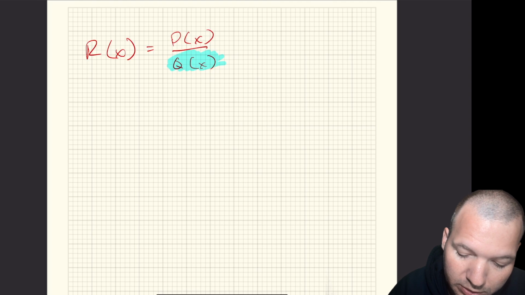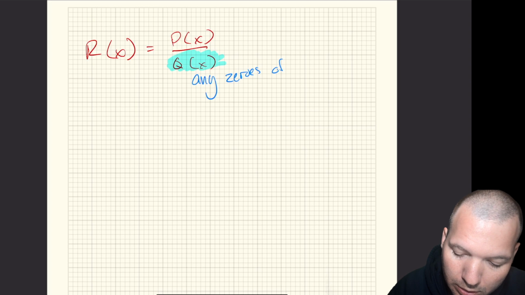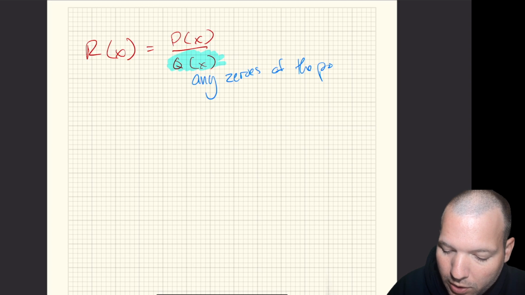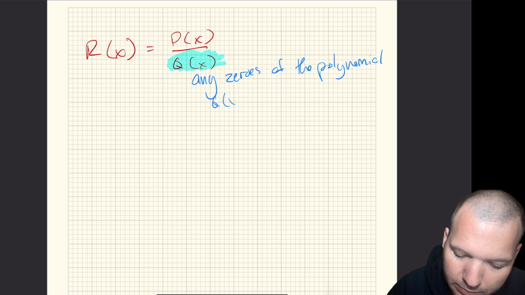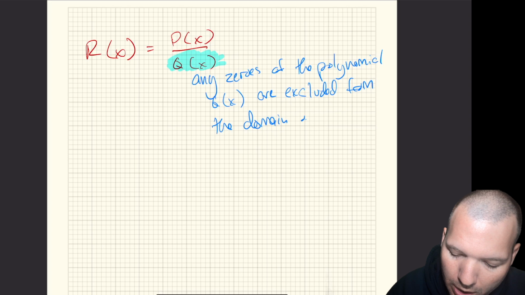So any zeros of the denominator, any zeros of the polynomial q of x, are excluded from the domain of r of x.